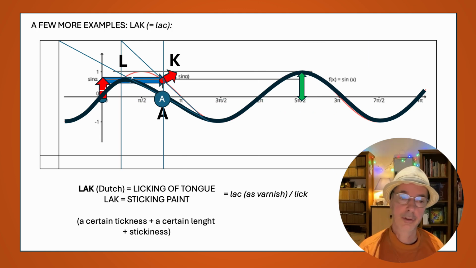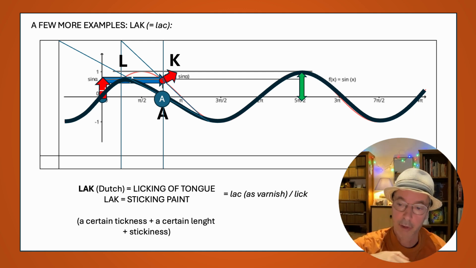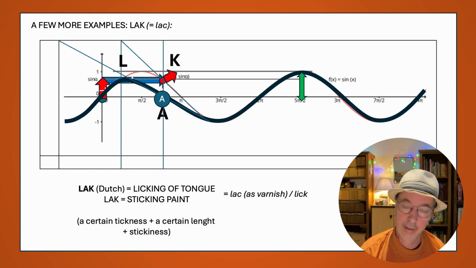Just a few more examples. You can see here, for instance, lac. Lac is like this paint, this very flat paint that you have on the surface. It's also the licking. So that's the Dutch word, which means two things. So you have here a height, you have a certain white, and because there's a difference in that height or production of forming itself and so on, there's a certain thickness there as well, and you know that it sticks as well.